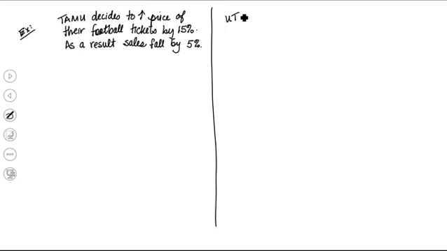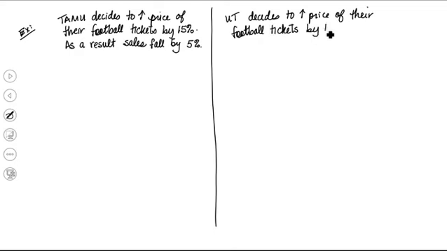So University of Texas decides to increase the price of their football tickets also by 15%, but they get a very different result. As a result, sales fall by 20%.